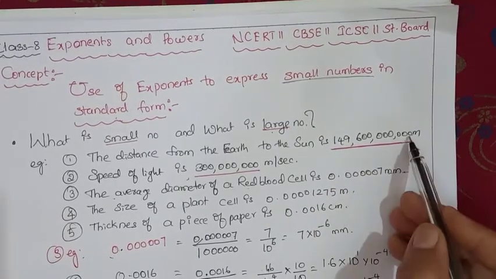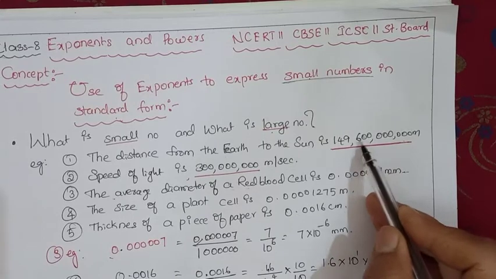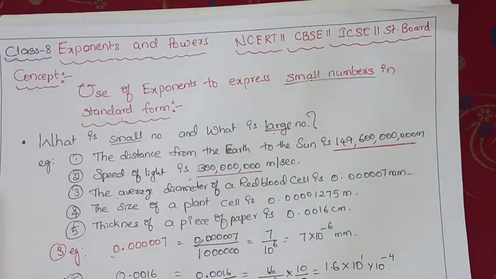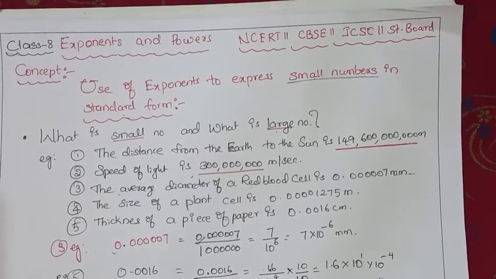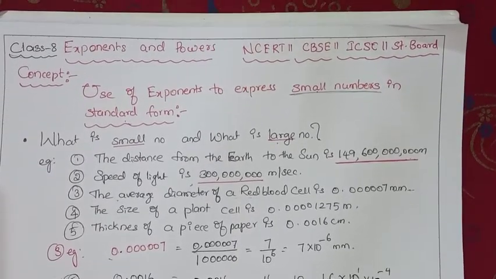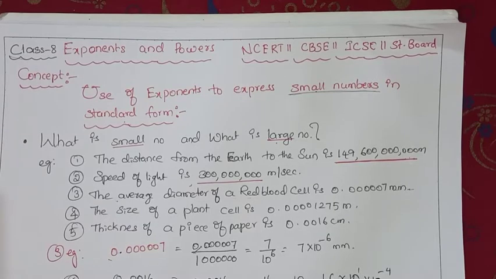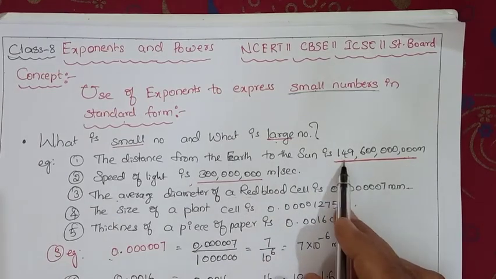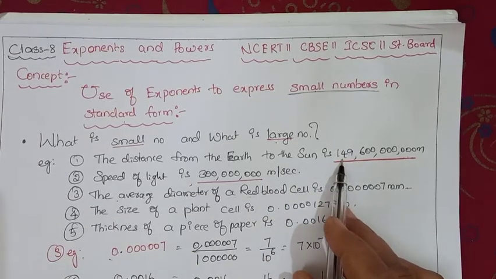Thousands, millions, billions. This kind of numbers we cannot remember easily. We can remember, but immediately it will not get struck in our mind. So that is why we convert them into the standard notation, which is called scientific notation.